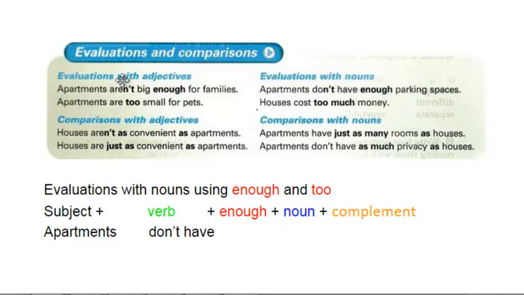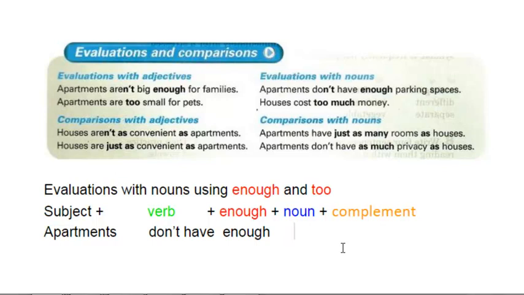Opposite from adjectives, where we would include the adjective first, when we make evaluations using nouns, we no longer use the adjective first. We're going to include "enough" and then we're going to include the noun. So let me give an example here. "Don't have enough," and then whatever noun we want to include.